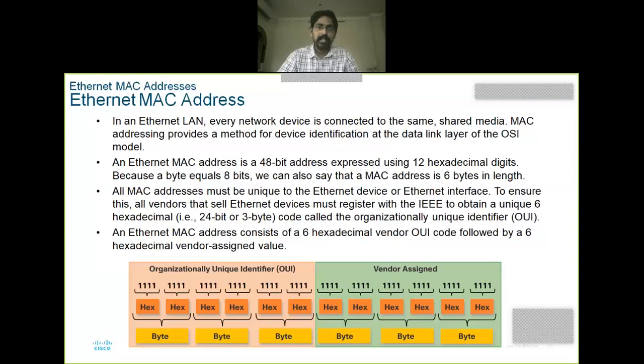The manufacturing company should register their Ethernet devices with the IEEE, right? So if they register, they obtain a 6-digit hexadecimal code called the organizationally unique identifier. That means that OUI represents the manufacturer registered address with IEEE. Next, vendor assigned means these are assigned by that company.